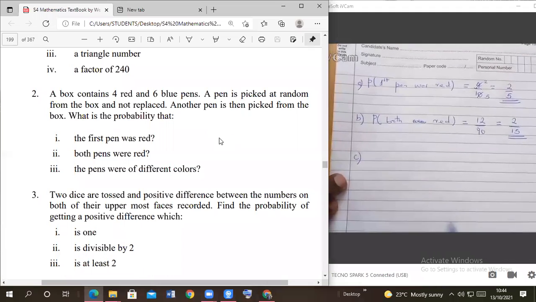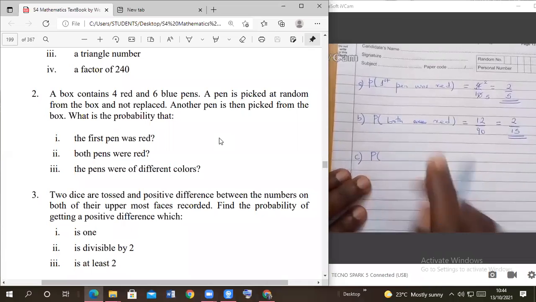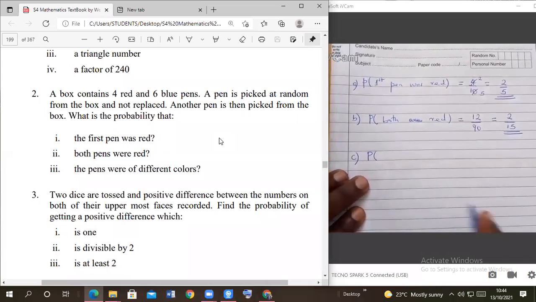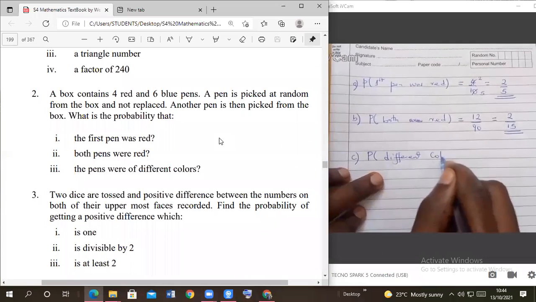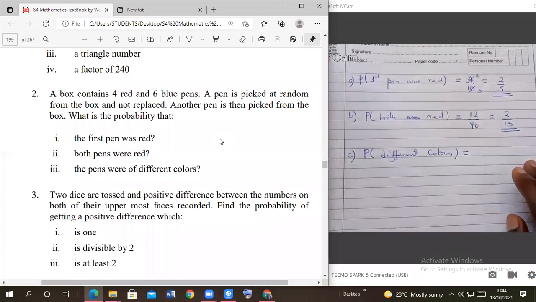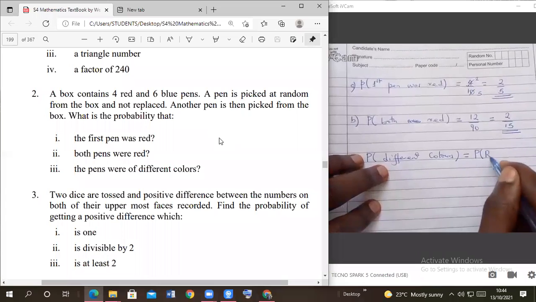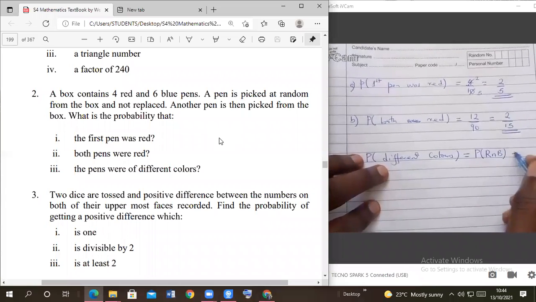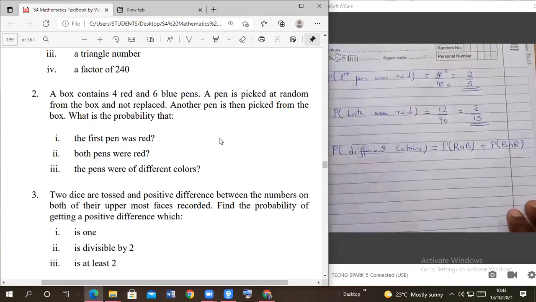C? In C, what do they want? Probability of different colors. So if they want different colors, it can be red or blue. So it's the same as probability of red and blue plus blue and red. That's the probability for different colors.